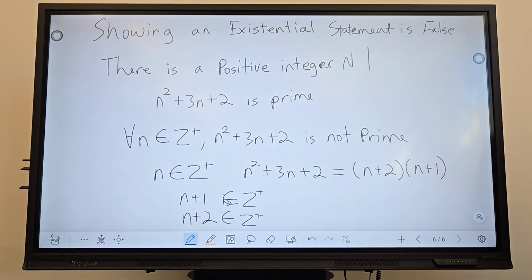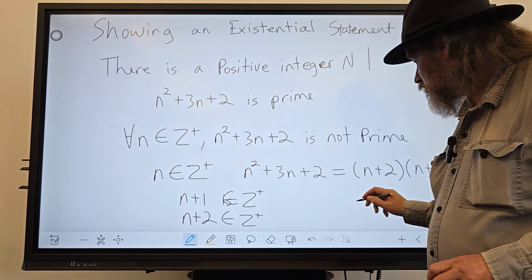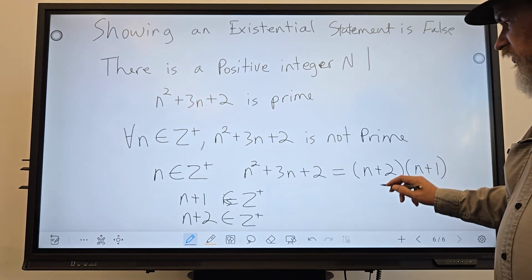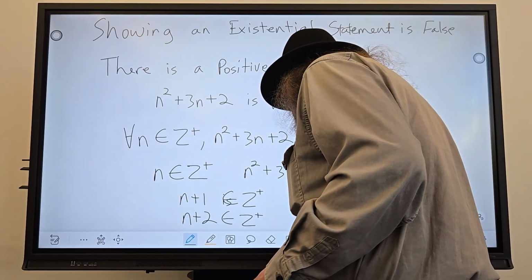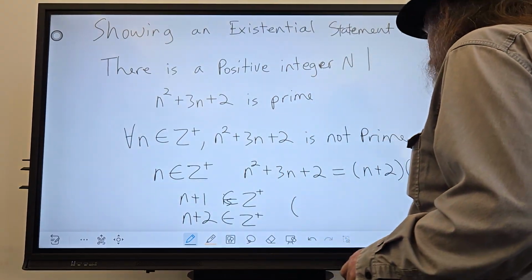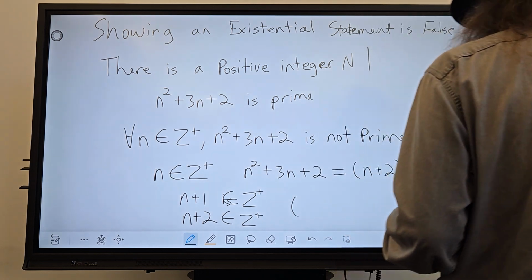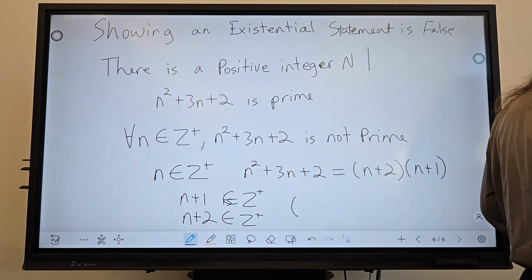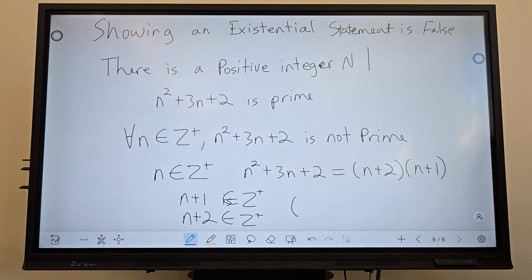So the product of the two is not prime because it is a product of two integers, each one greater than 1.